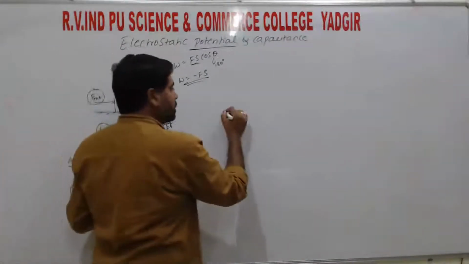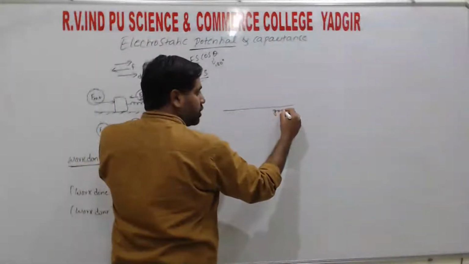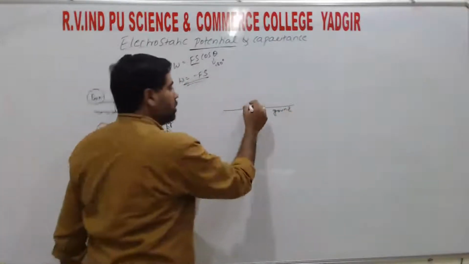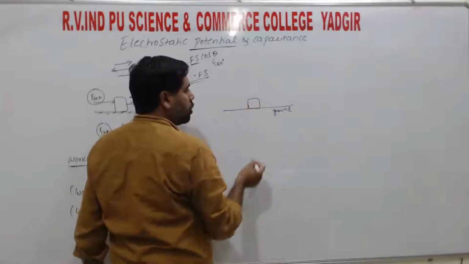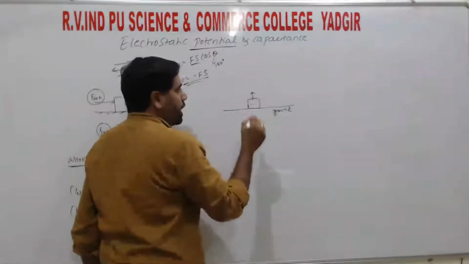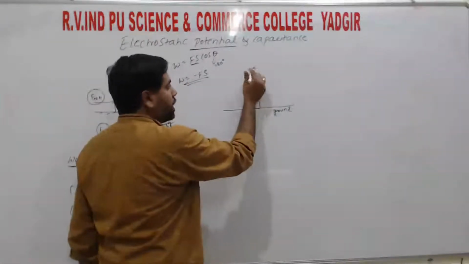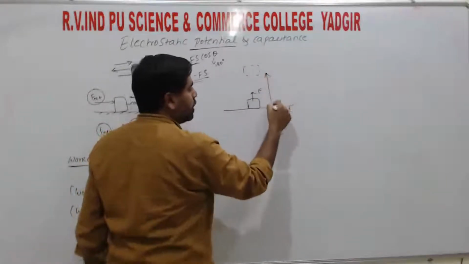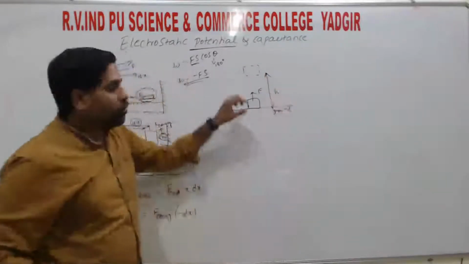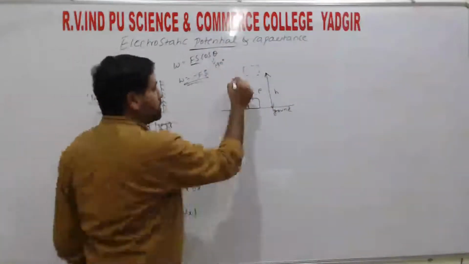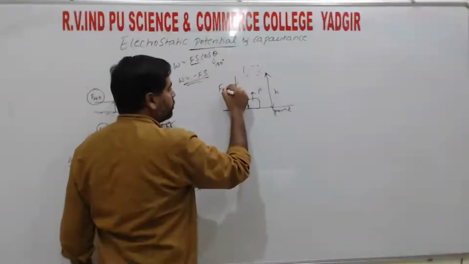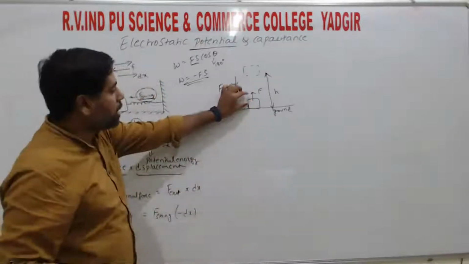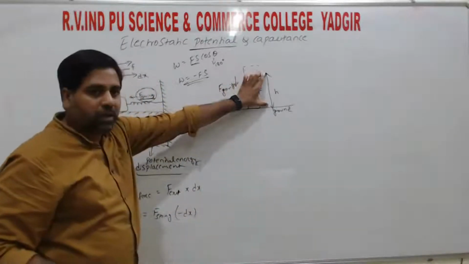One more case. Considering this one as ground, we are lifting an object from the ground, right? Here we have the object. By applying the external force, we are lifting the object to some height h. We are lifting the object against the force of gravity, right? Here also we are applying the force and displacement happens.